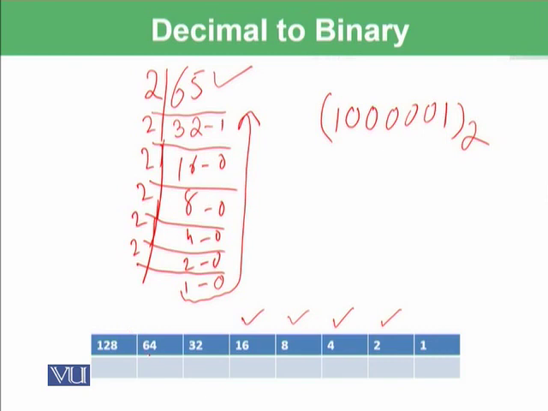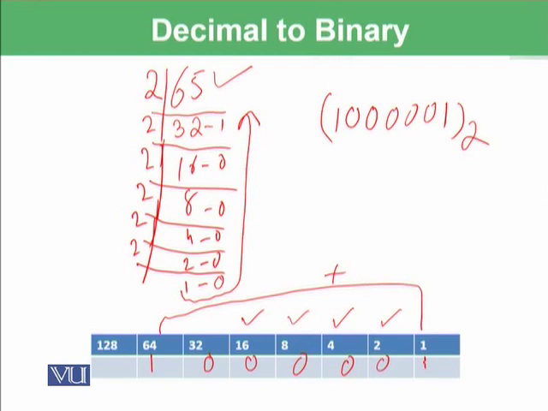So if we turn on this bit and this bit, 64 plus 1 will become 65, and others would remain 0. This one should be 1. So we wanted to make 65, and we turned on the bits which were representing 65.